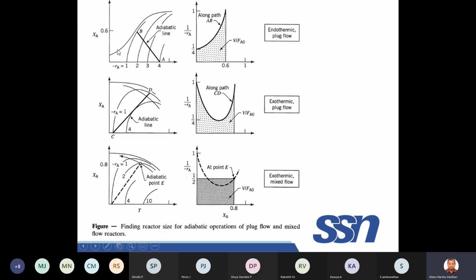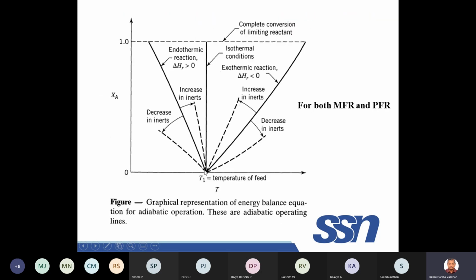Now you see, these are the XA versus T. Again, I'm drawing XA versus T, and these are the rates. This is how you are getting these rates; it is coming from your material balance line. Now, if you assume it is a plug flow reaction which is endothermic, endothermic means delta HR will be positive.